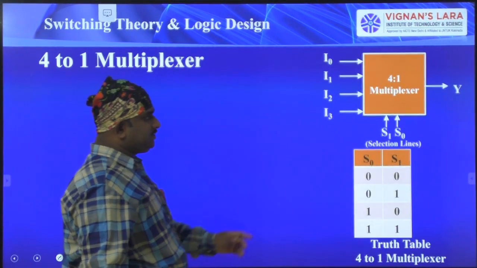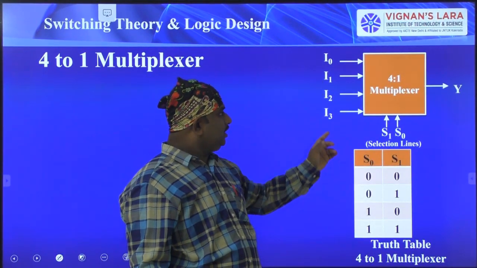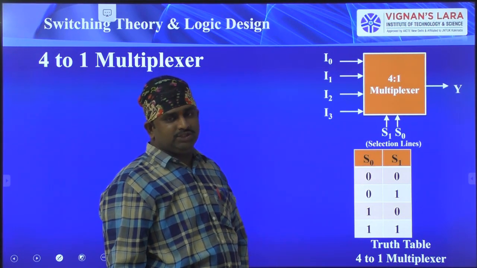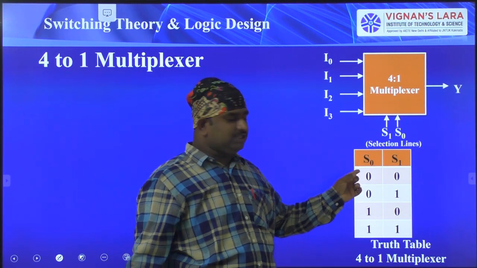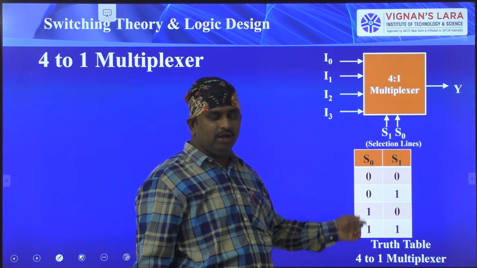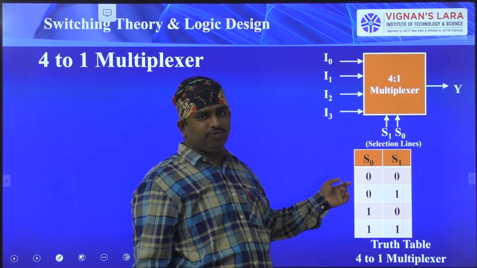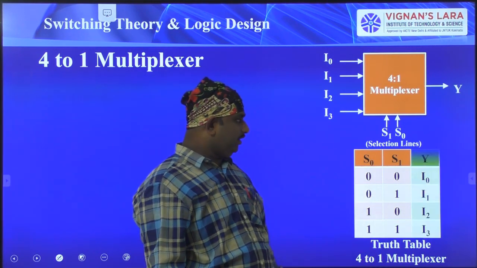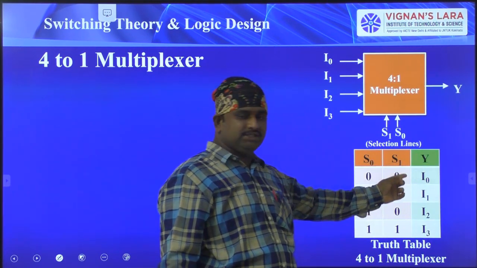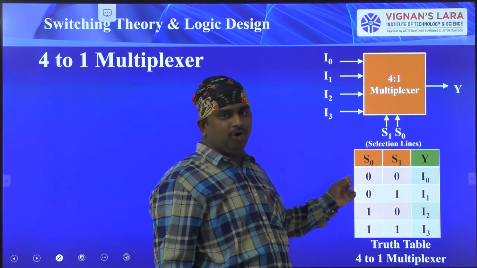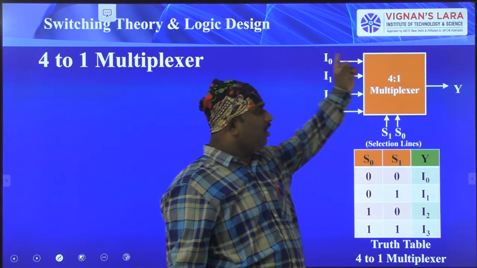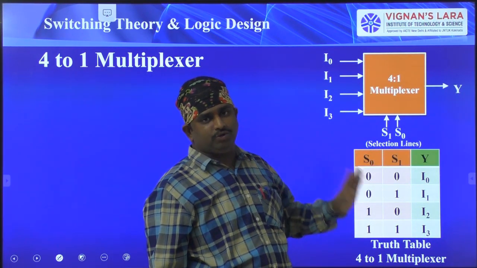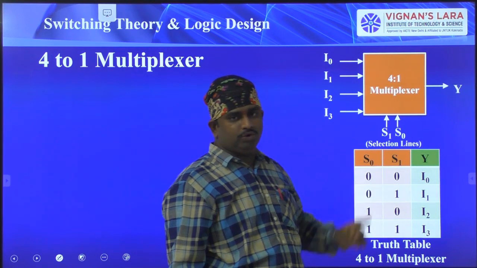In this multiplexer we have 4 inputs, that is I0, I1, I2, I3. But the selection completely depends upon S1 and S0. The possible combinations for S1 and S0 are 00, 01, 10, 11. Whenever the combination 00 is selected, the output y is equal to I0.